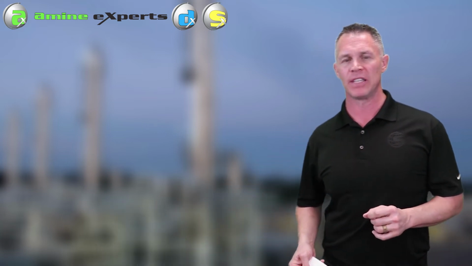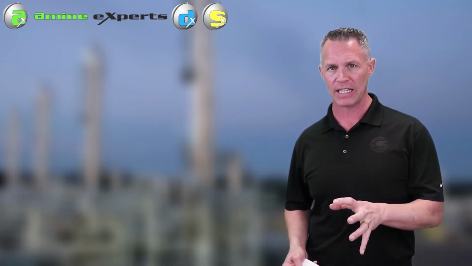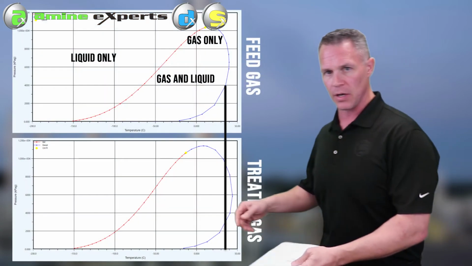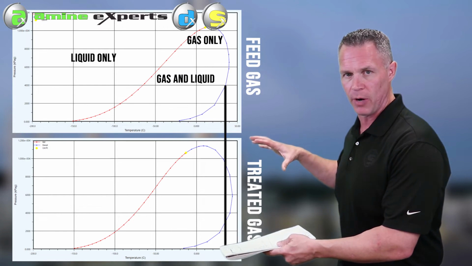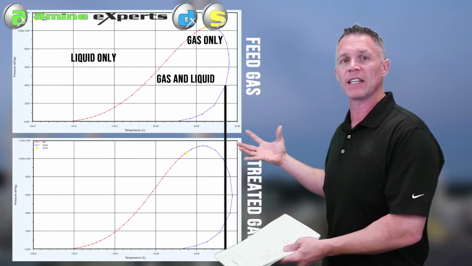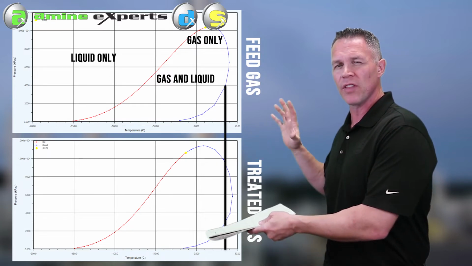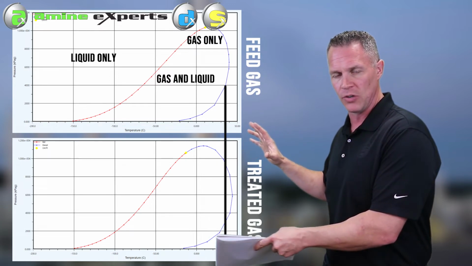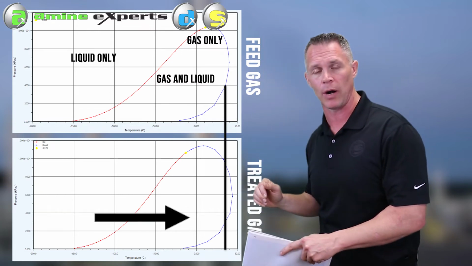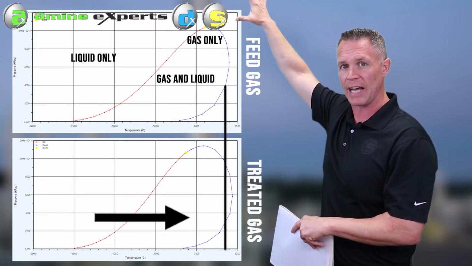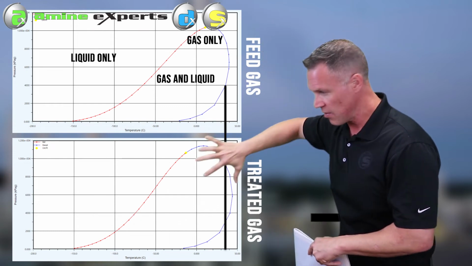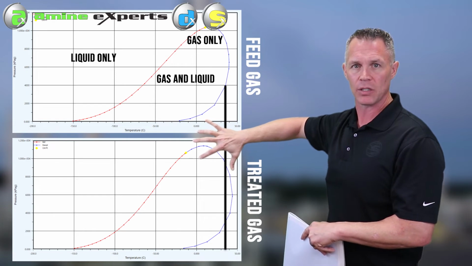It basically comes down to how much acid gas you are removing. Again, the reason for the high temperature bulge in the bottom of the absorber is because you're removing acid gas. But the more acid gas you remove, the more the phase envelope, that hydrocarbon dew point, is going to change as the gas bubbles up through the tower. So the treated gas is going to have a higher hydrocarbon dew point than the feed gas.